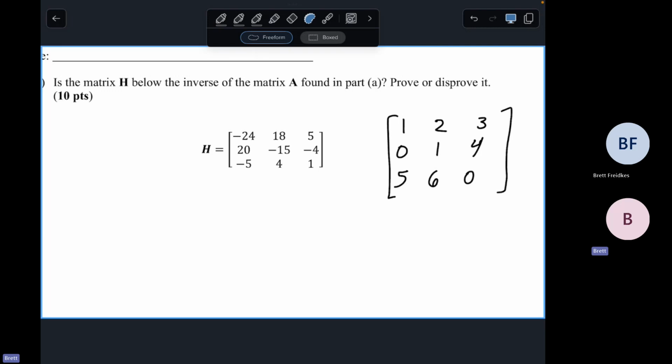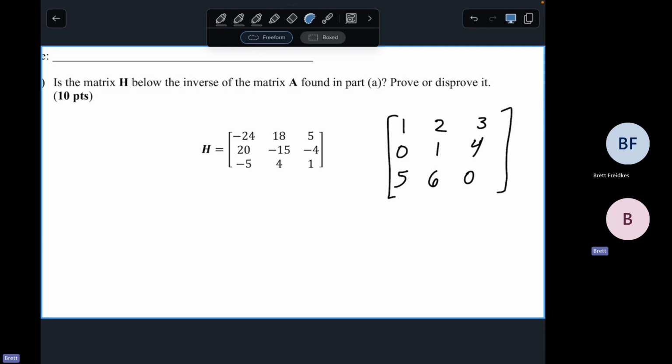Multiply by I? Multiply what by I? Multiply H by I? Well, if I multiply any matrix by I, it'll be itself, so it's not that. If you multiply A by H, you should get the identity matrix.